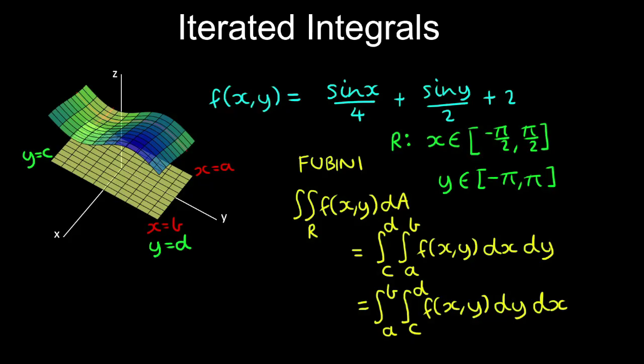So if we apply the method of sections, we can effectively take a cross section that's parallel to the xz plane.